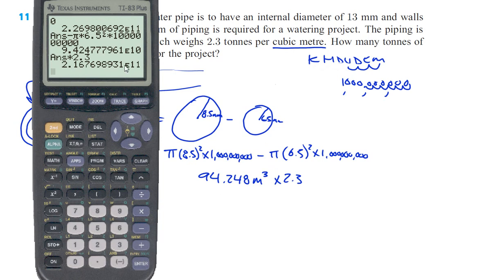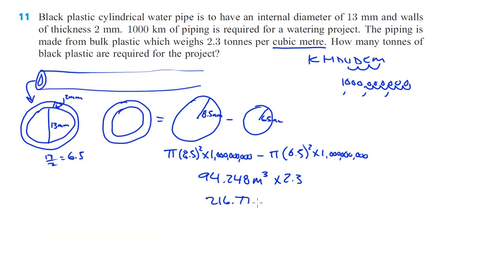So since we had to move it back 9, move it forward 11, move it back 9, actually we got to move it over 2. So it'd be 216.77 tonnes. Okay, because that's metric tons.